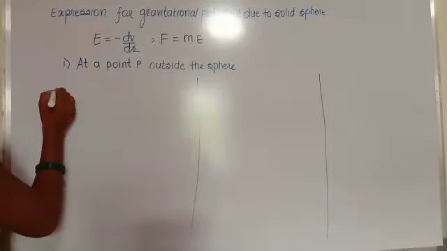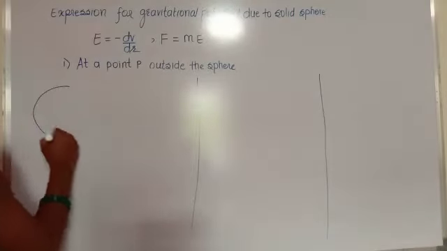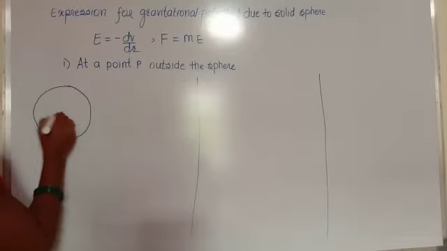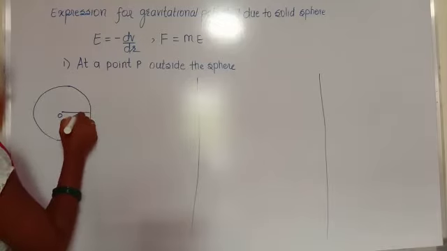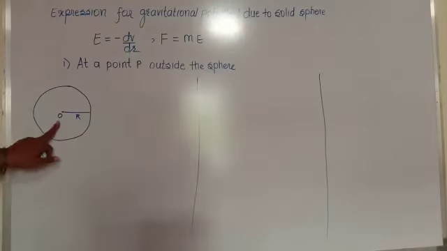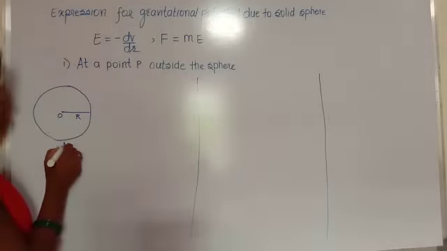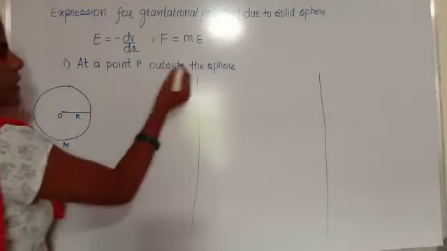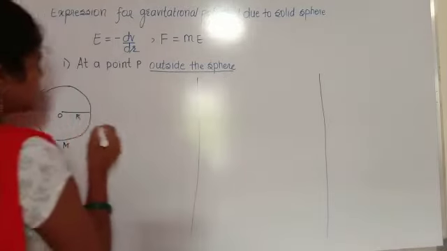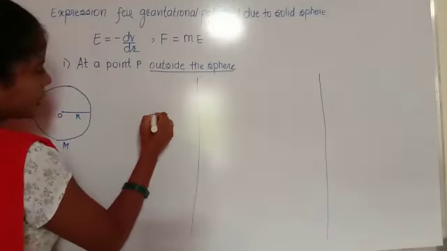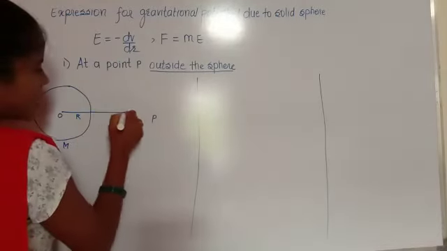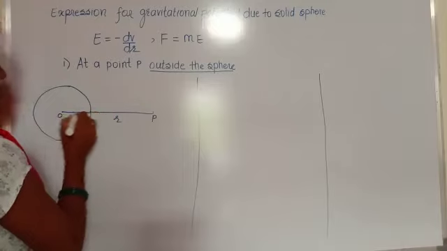So firstly we take the diagram. This is the solid sphere. Let us consider a solid sphere of center O, which has the radius capital R, and the solid sphere has the mass capital M. Outside the sphere, let's take point P at a distance small r from the center.